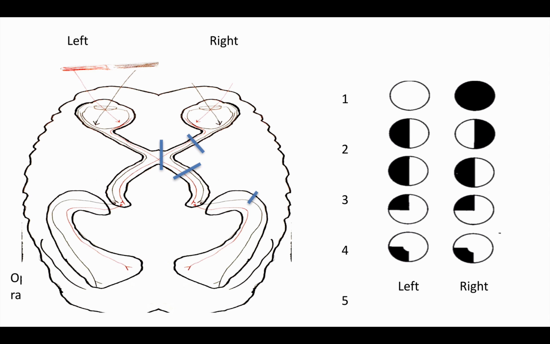If there is a small lesion in the temporal lobe, then the opposite side upper quadrant visual loss is there. But if that lesion is further down in the occipital lobe, then the lower fibers, the lower quadrant on the opposite side is affected.